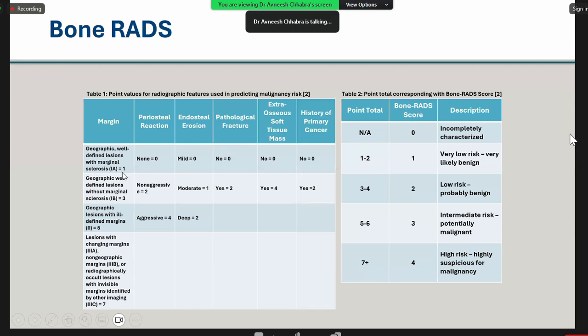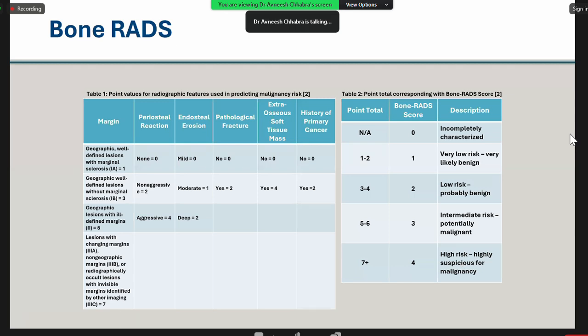So it gives you 0 points essentially. On the other hand, if you have a lesion without marginal sclerosis or ill-defined margins or changing margins, you get more points. Based on the number of points you have, you characterize them into very low risk, intermediate, or high risk.